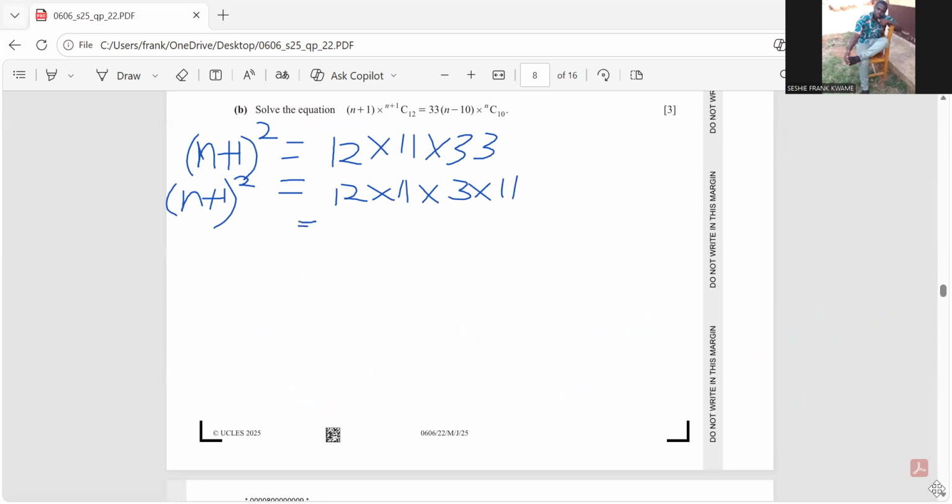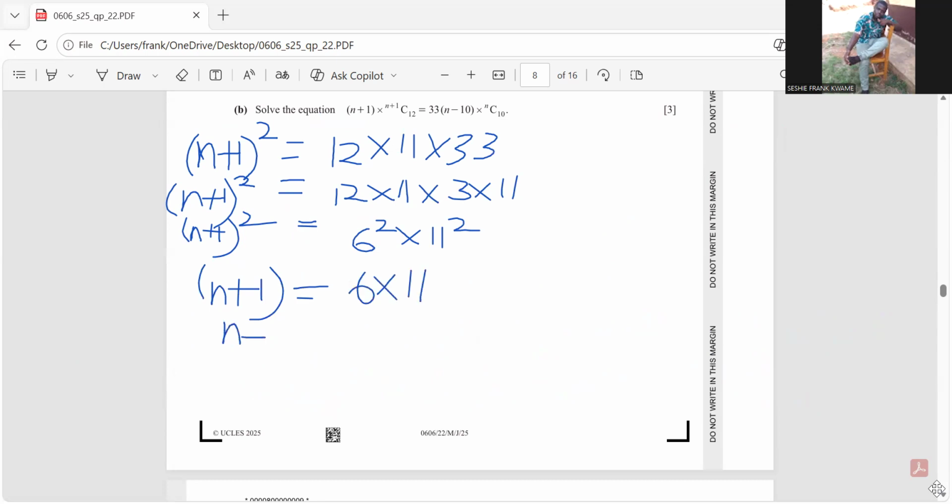So 12 times 3 is 36, 36 squared, and then 11 squared. And that's (n+1) all squared. If I square root both sides, I'm going to have n+1 equal to the square root of this, and that's 6 times 11, 66. So n is equal to 66 minus 1, and that will make my n be 65.